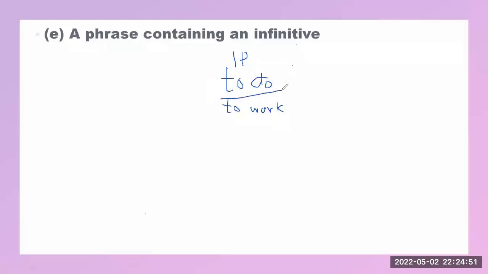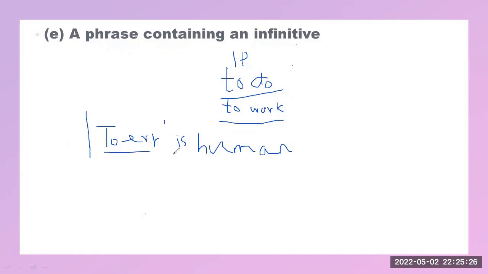Don't forget, this same infinitive phrase can function as a noun. For example, to err is human. So here you discover that the phrase to err is an infinitive phrase, but here it is not doing the work of an adjectival phrase. It is doing the work of a noun phrase, because here it is the subject. This is the verb, and this is the complement.